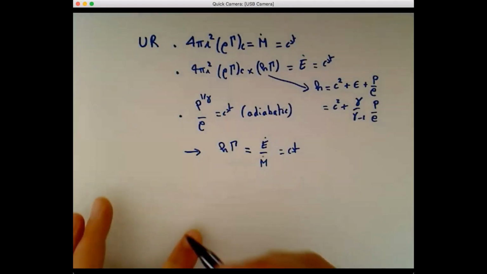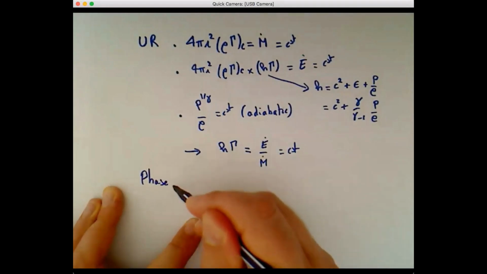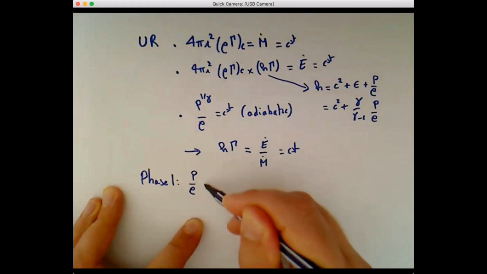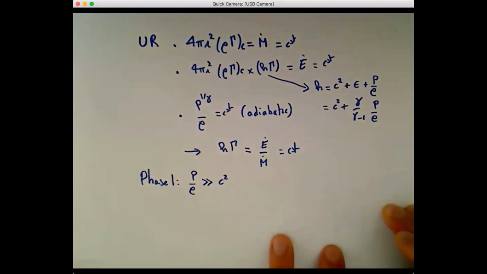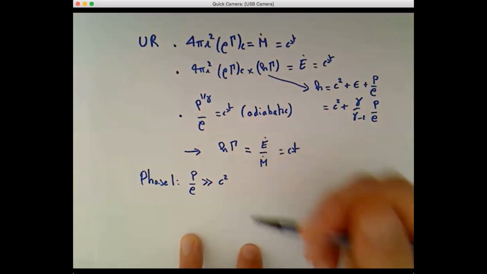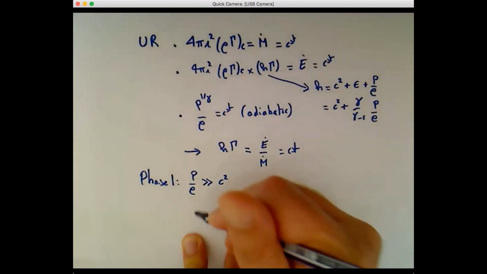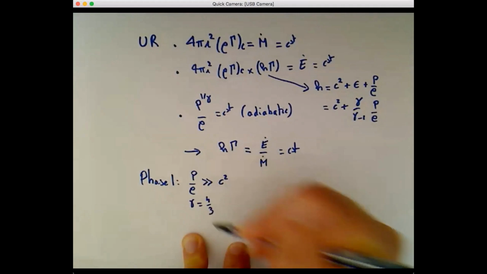So it will be the first phase of evolution of my fireball, the phase where the internal energy is dominant. In this case, as we need a very high density of energy, we are usually dominated by the density of radiation, and then we can assume an ultra-relativistic adiabatic index.